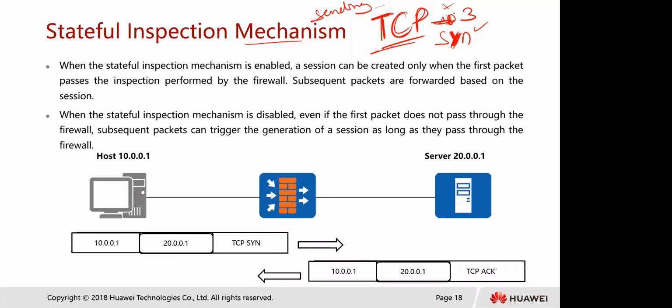If it is not, it will discard the packet. And if stateful inspection is not enabled, a session will be created as long as the packet does not match any session and passes our inspections.